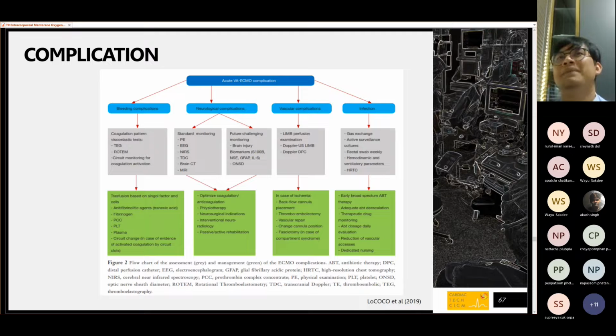Vascular complications may be related to the limb and injury to the vascular flow, and infection is quite more serious. Sometimes we need to send a blood smear, sometimes we need to swab the patient to observe the infection status. So it's not easy to protect against that whole issue because it's not a usual condition.